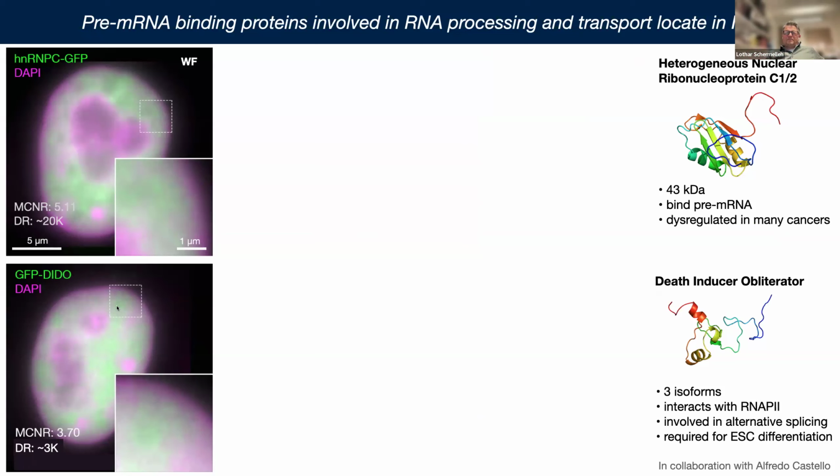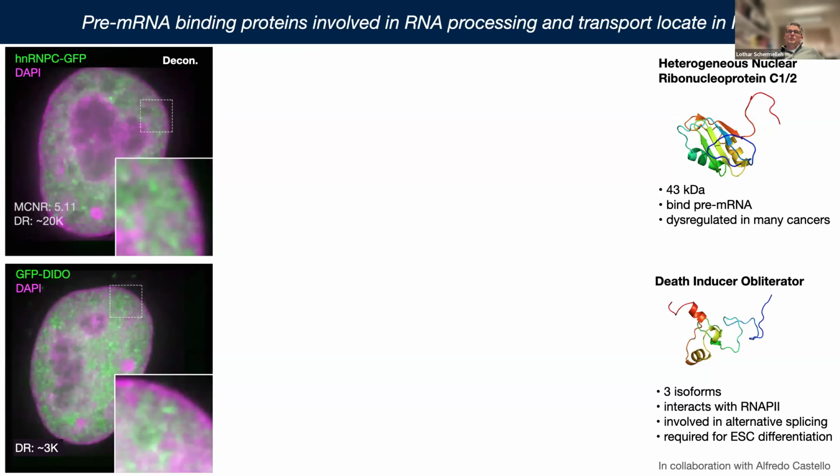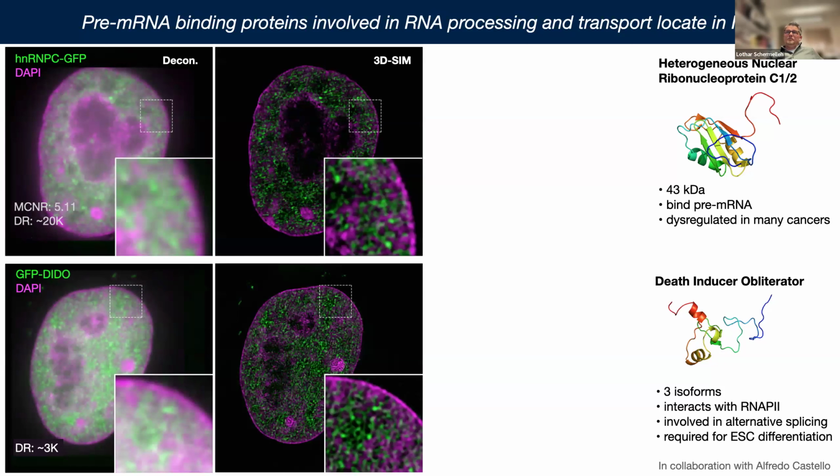If you look at the conventional image, it's just an indiscriminate blur, if you like. So not really a lot to see here. If you apply deconvolution, you see a bit more structure in that signal.